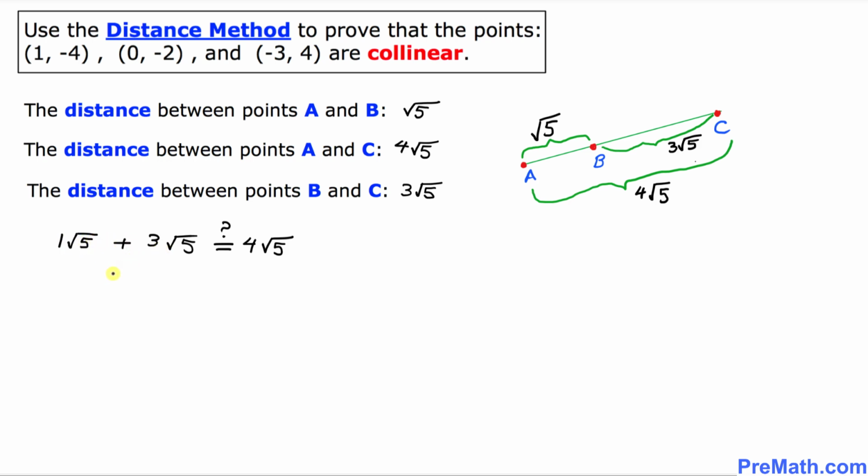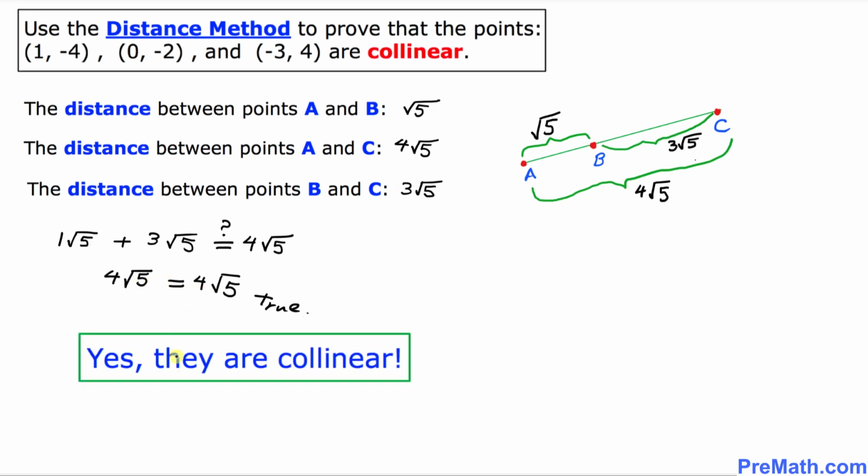So if we add the left hand side, that is going to be 1 plus 3 is 4 times the square root of 5, and the right hand side is 4 square root of 5 as well. So that means this statement is true. That means both sides are the same. Thus we have concluded that these points A, B and C are indeed collinear.